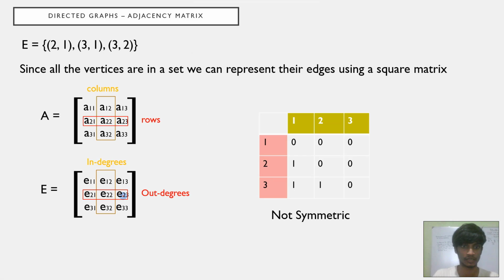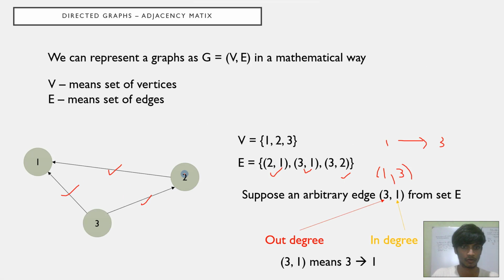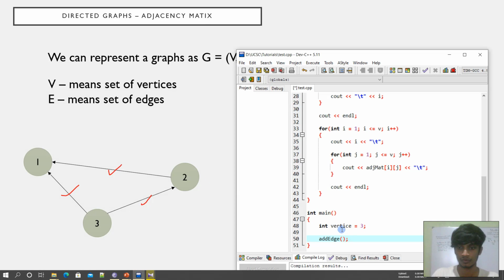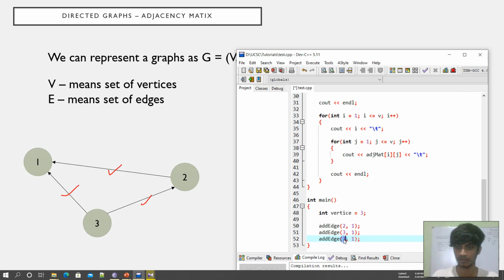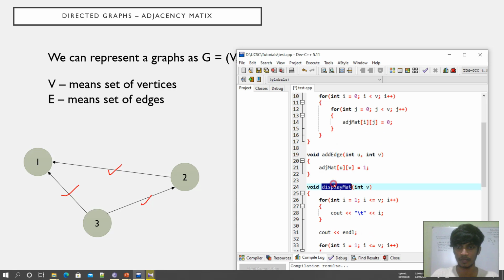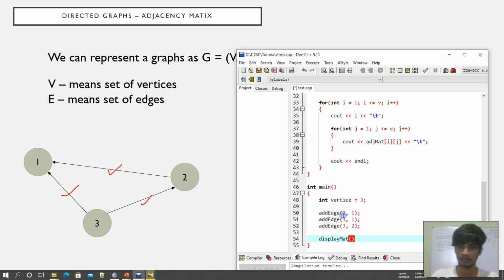What are the edges that we can add? 2 to 1, 3 to 1 and 3 to 2. Now we can display our matrix using our defined vertices.